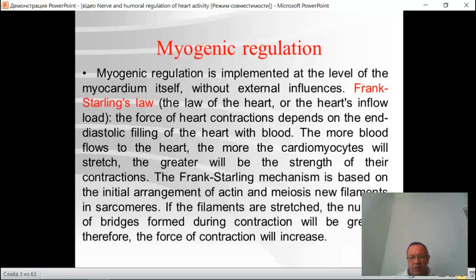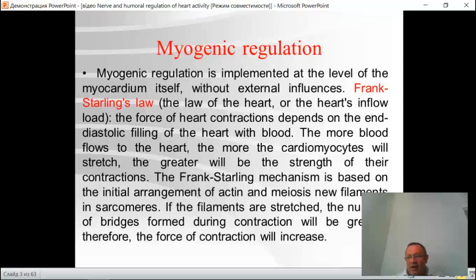The more blood flows to the heart, the more the cardiomyocytes will stretch, the greater will be the strength of their contraction.